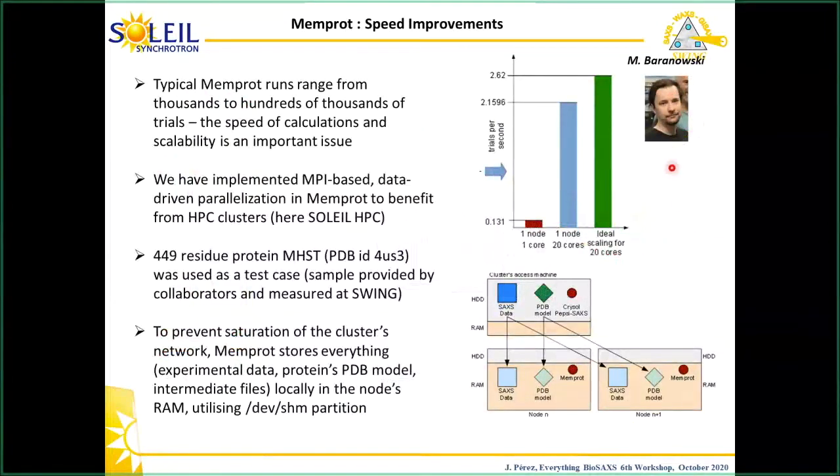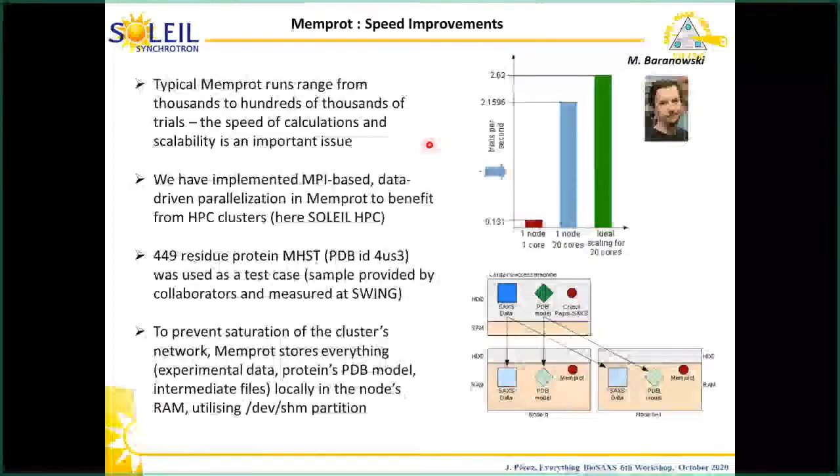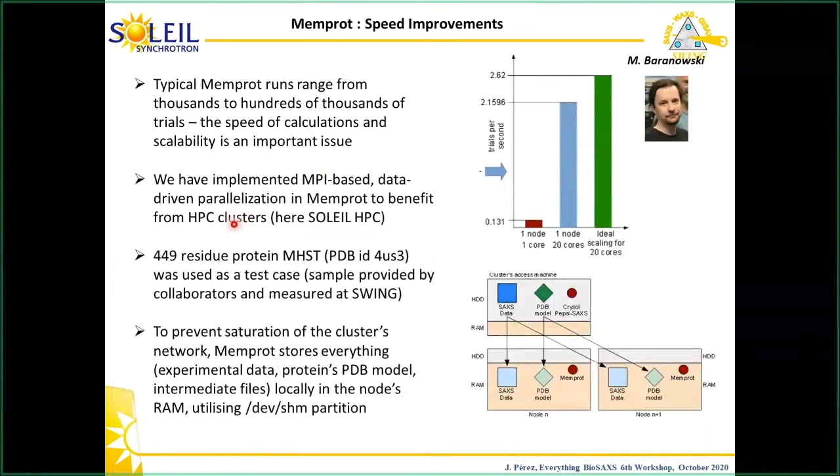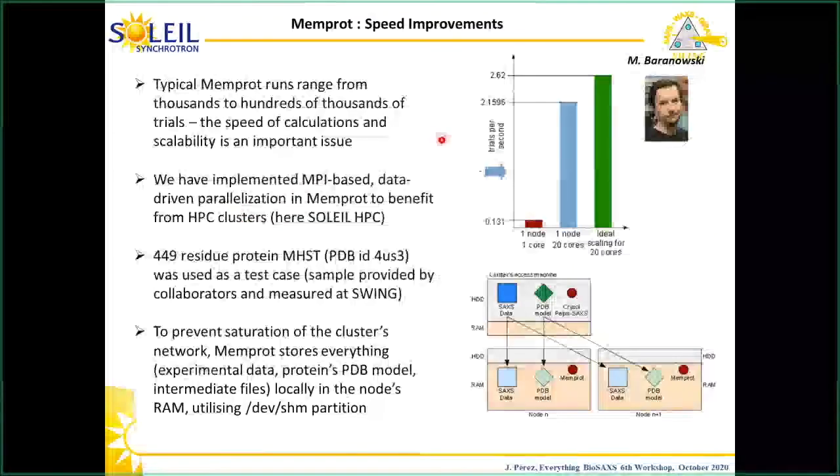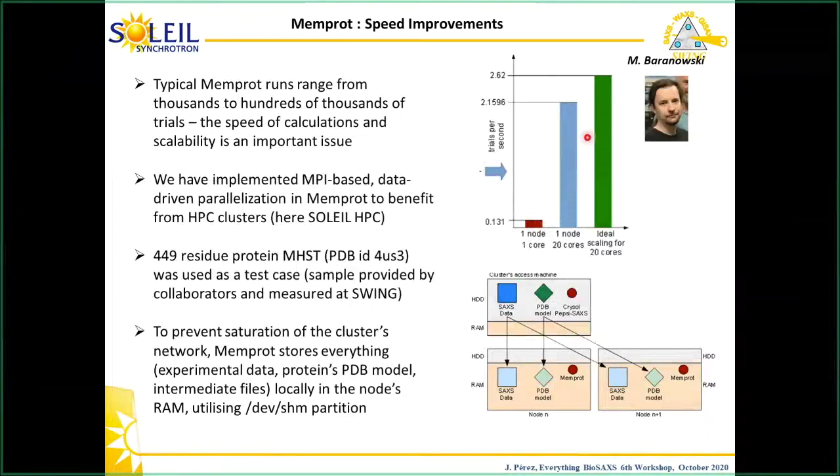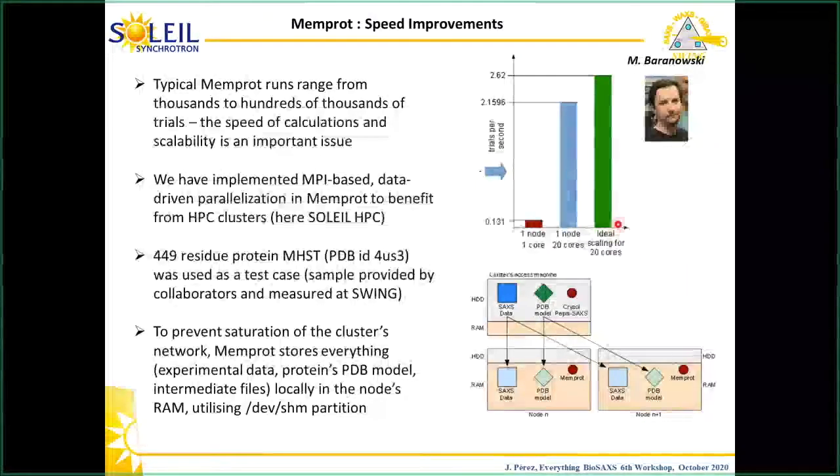Maciej Maranovsky spent 1.5 years improving the speed of Memprot. Initially we used it on just a laptop, and now it is implemented in a cluster with 100 cores. And this is the improvement of speed when you use 20 cores, so it was parallelized.